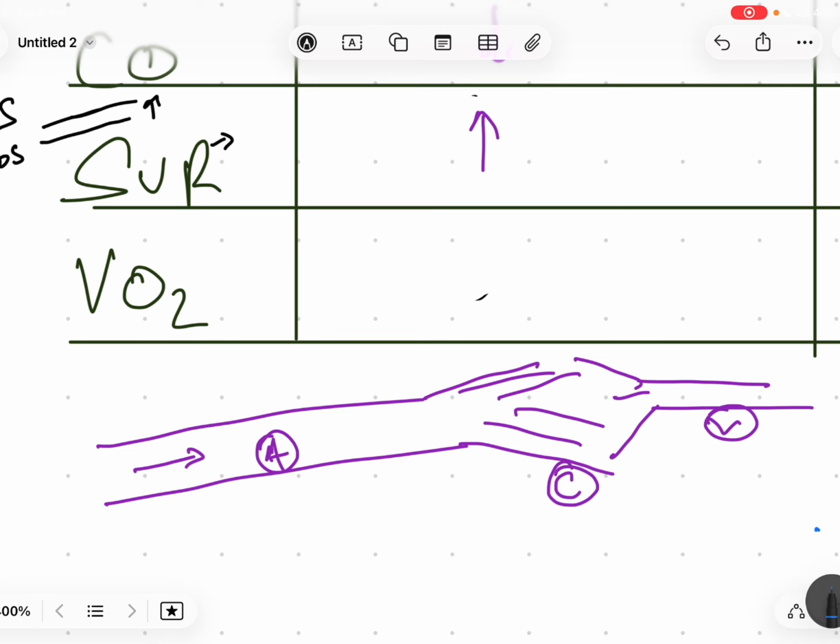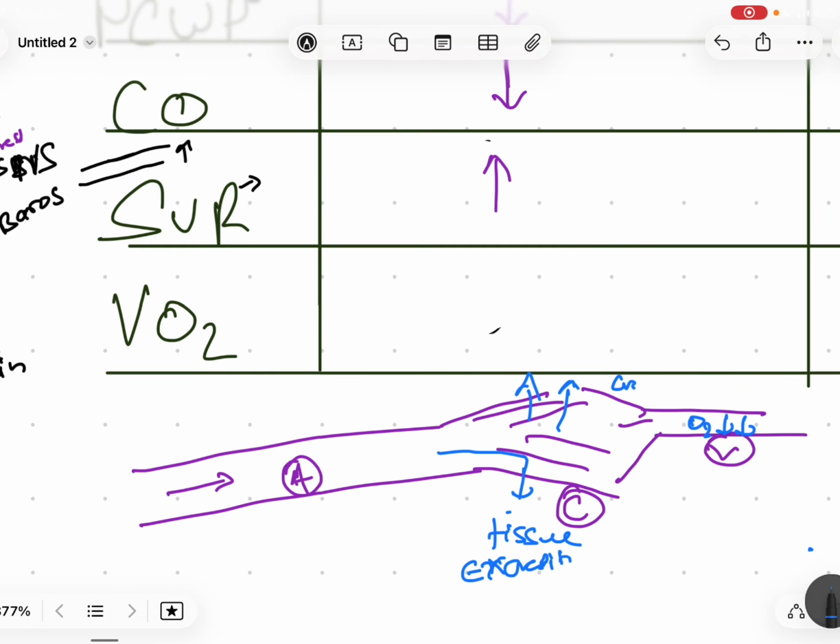Through capillaries, oxygen perfuses and goes into the tissue. So extraction of oxygen happens. Oxygen in vein is too low because of extraction. Tissue extracts all the oxygen from the capillaries. So it also decreases.